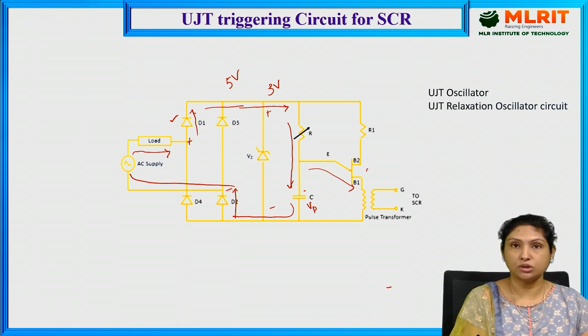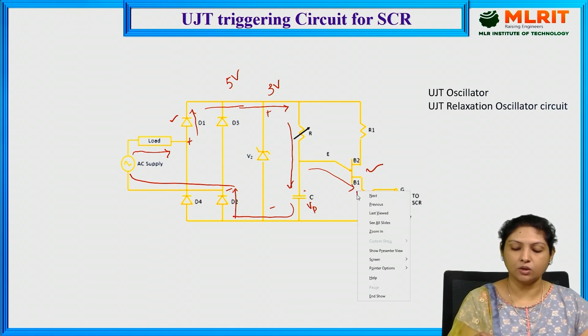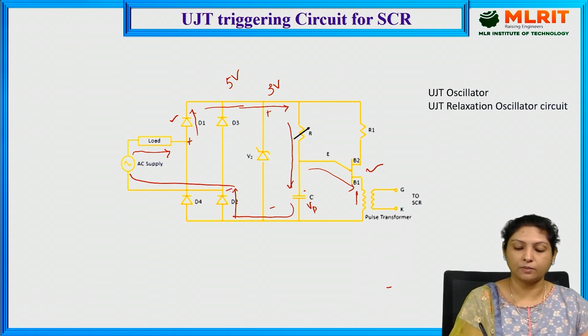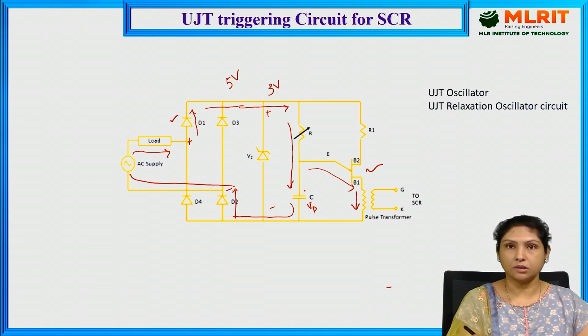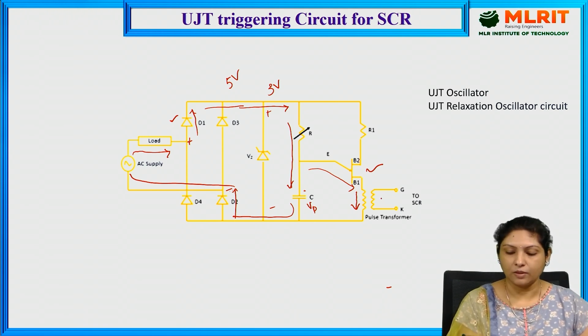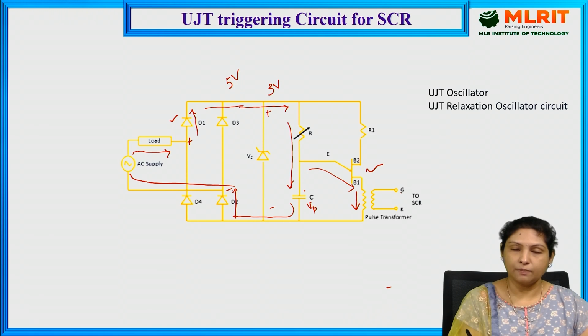And once the UJT is on, current starts flowing through the primary of the pulse transformer. When the current is flowing through the pulse transformer primary, it gives the pulse to the secondary. That is nothing but the triggering pulse which is fed to the SCR.